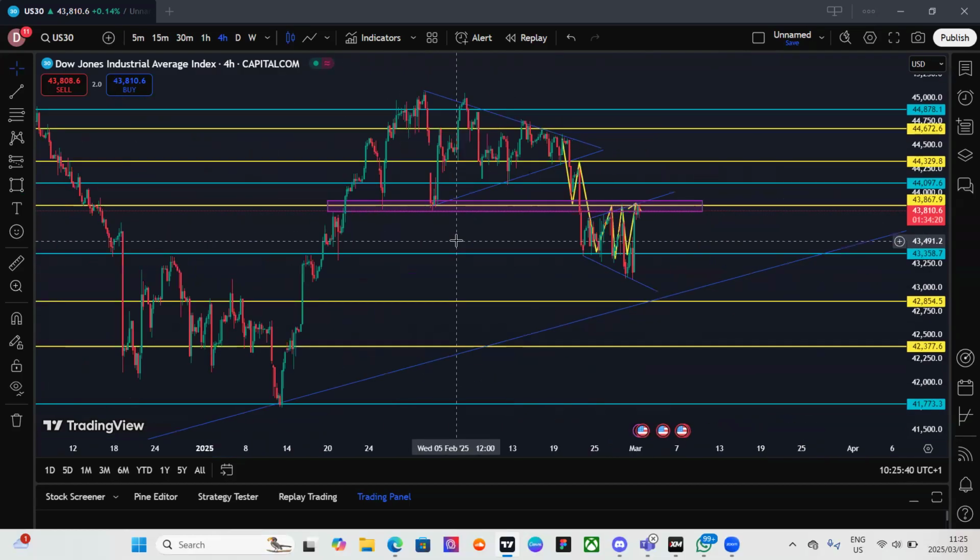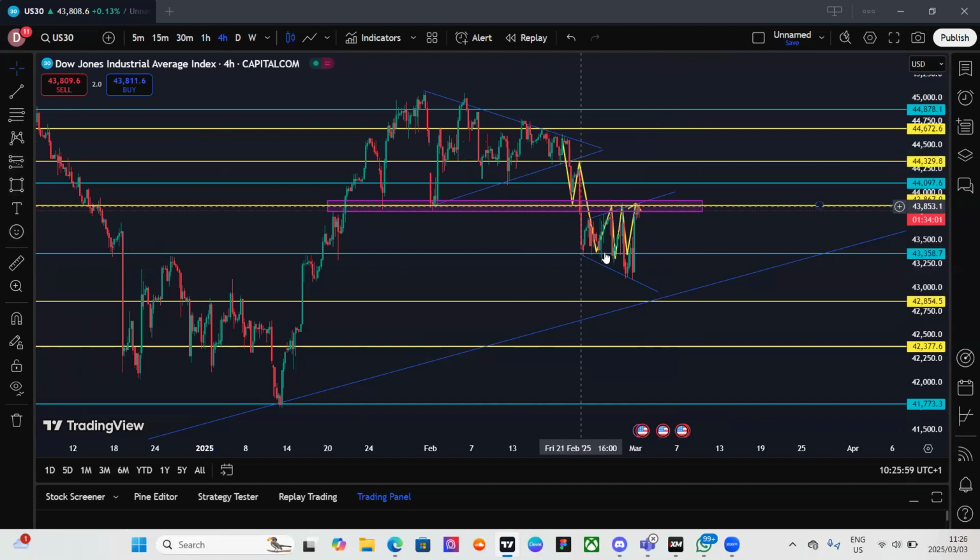So if we do break through past this area and we shoot up, then I will be expecting potential buy positions pushing us more to the upside. If we don't, then we could possibly see a lot more down momentum.